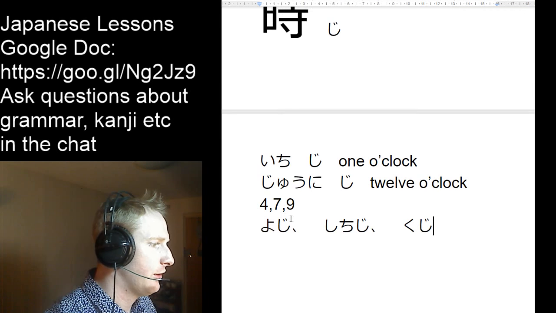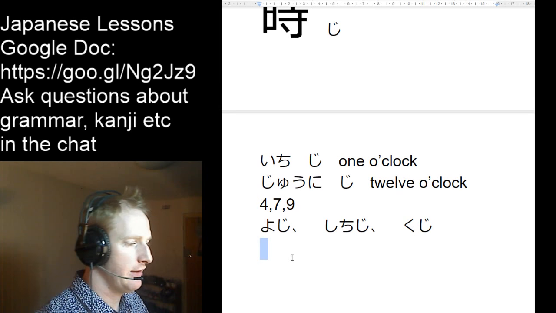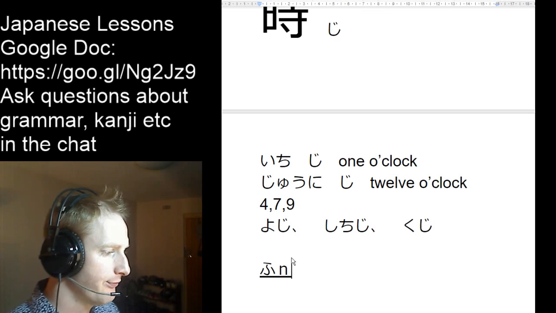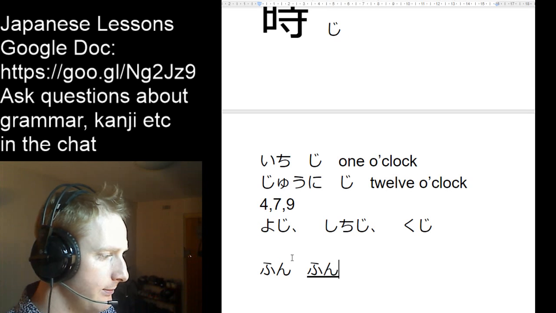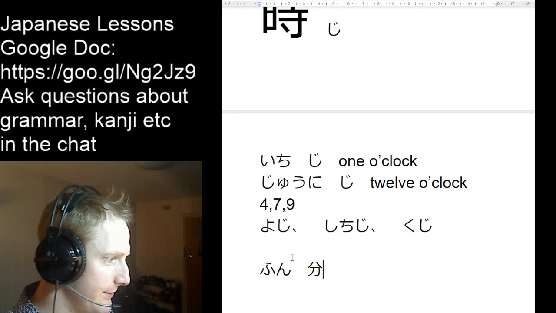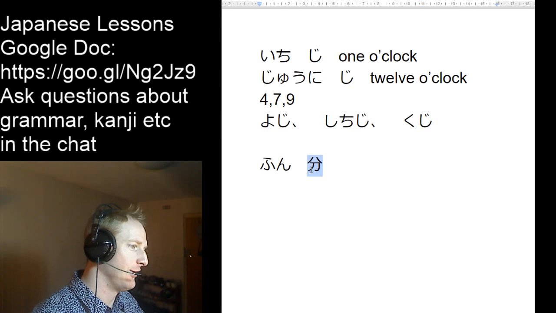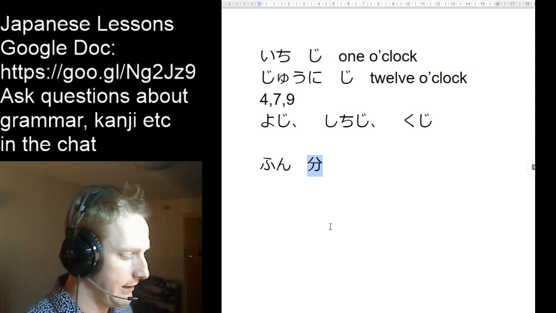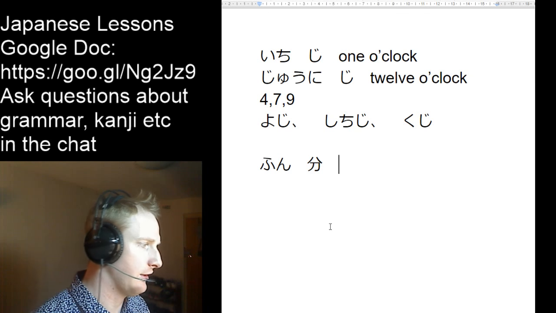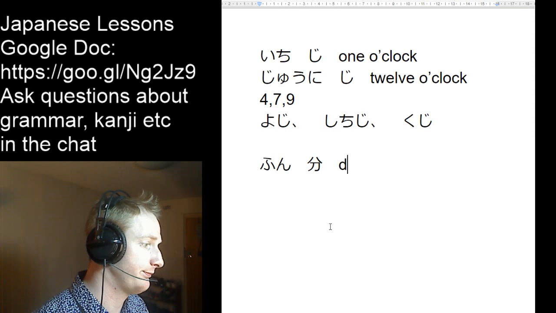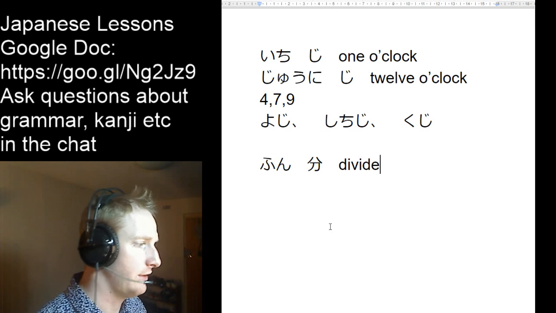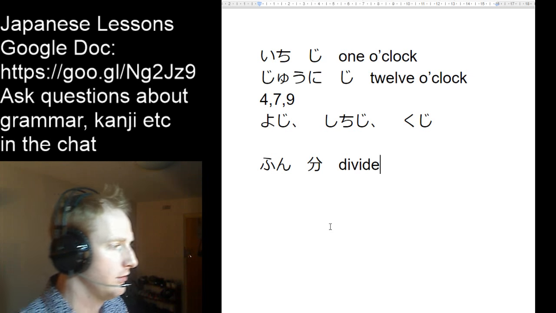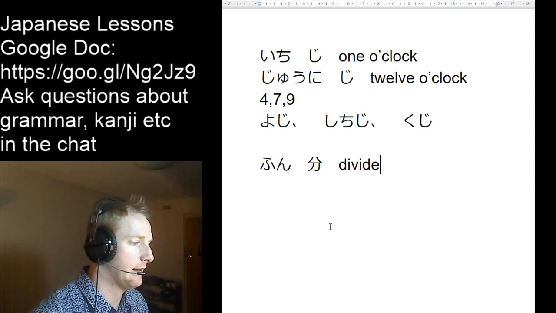Okay, so that's o'clock. So how do we add minutes? Well, we need another counter, but it's this one here, not that fun, this fun. So this fun is, we're going to use it as a counter for minutes. What it actually means though is to divide. Okay, so if we think of a minute as a division of an hour or something like that.